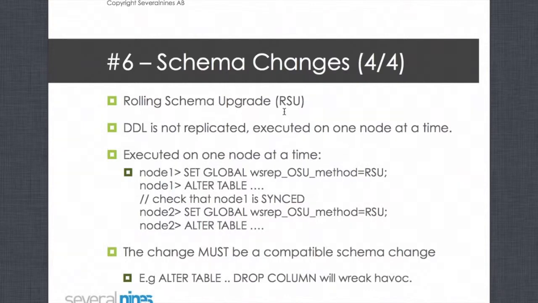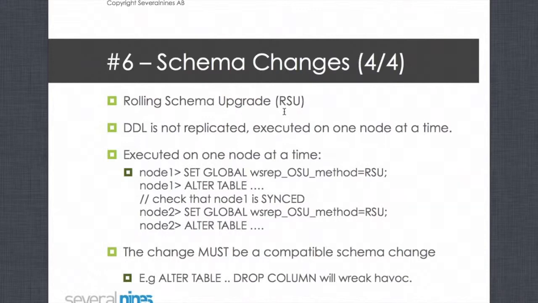And you then set a global variable, wsrep_OSU_method, to RSU, and then you do the alter table. And when the alter table has finished, you verify that this node is synced, because when you have told Galera to use the RSU method, it will actually desync the node for a brief moment of time until you do the alter table.